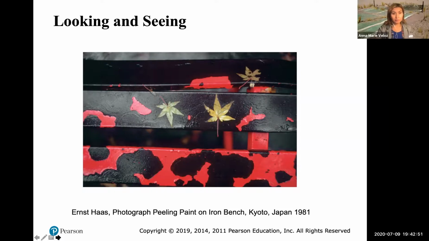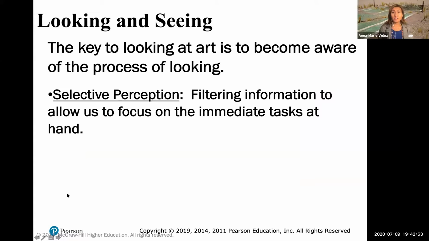So the definition of selective perception: it's basically filtering information to allow us to focus on an immediate task right in front of us at our hands. So like I mentioned before, we are goal-oriented. We have a structure, a routine that we may not stop and again reflect and pause and really take something in.